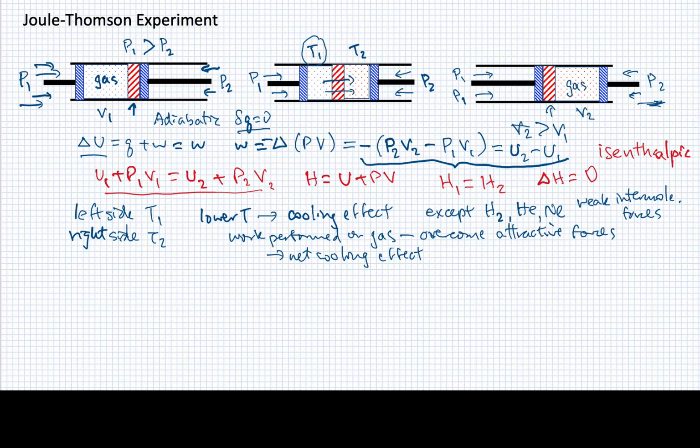Now it turns out that when you go to higher temperatures with these same gases, this actually converts over to a warming effect. At higher initial temperatures, and when I say lower T and higher T, I'm really referring to T1 in this case. T2 is what we're measuring in the experiment. At the higher temperatures, these molecules are moving fast enough to overcome those attractive forces. So the work is no longer being used to pull the molecules apart from one another.